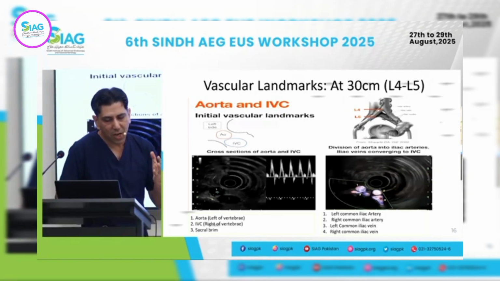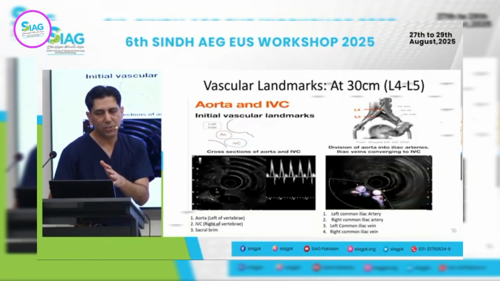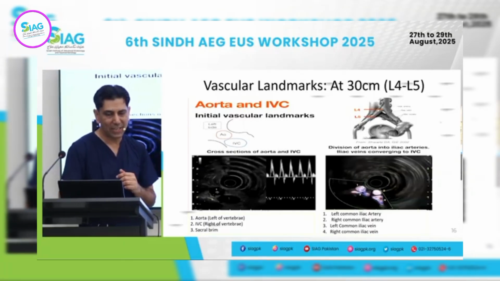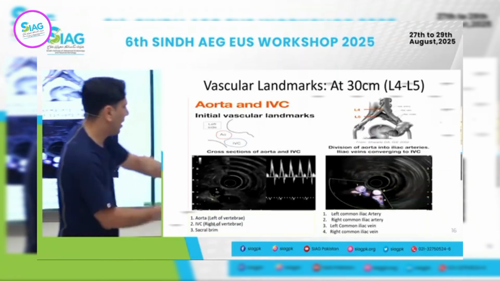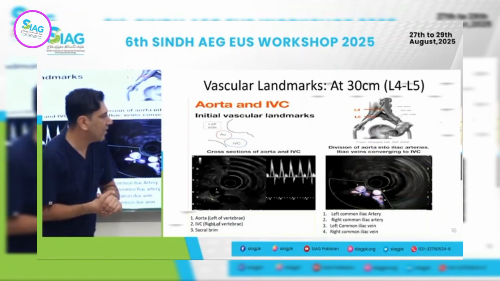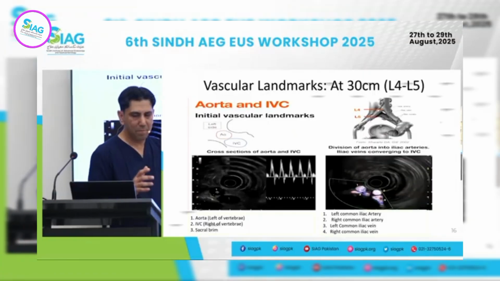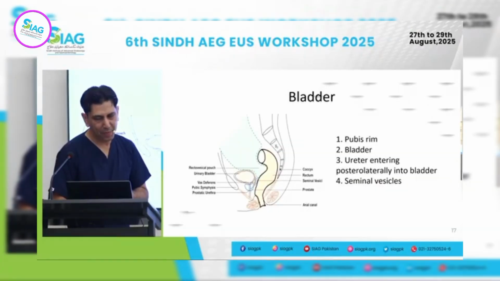Whether we're looking at the aorta, IVC or the sacral brim, which may be slightly different in patients with inflammatory as opposed to malignant disease, you can see differentiation between the left and right common iliac arteries and then left and right common iliac veins. So based on the waveform Dopplers, you may be able to differentiate this.